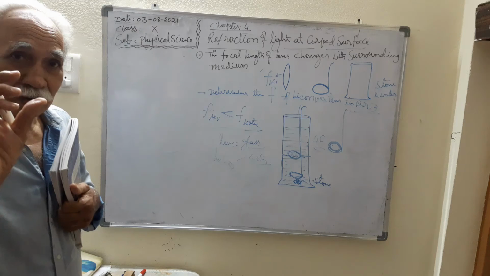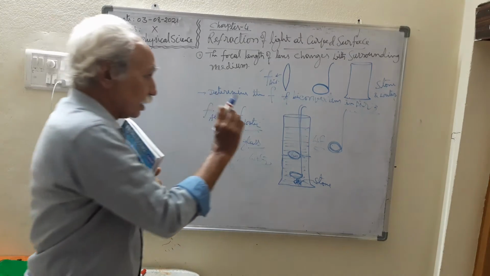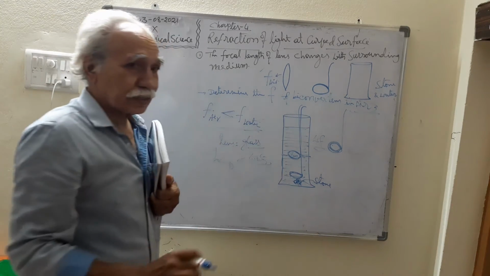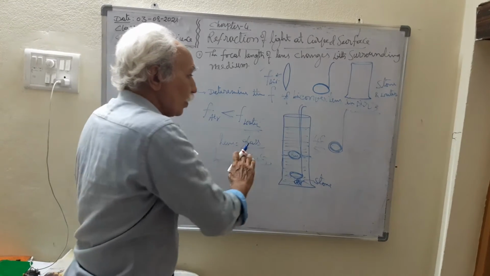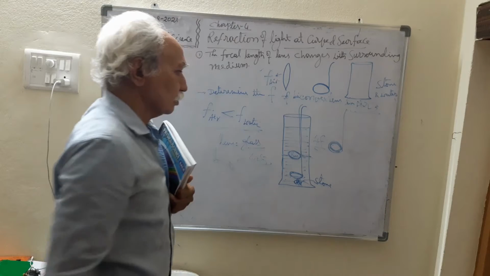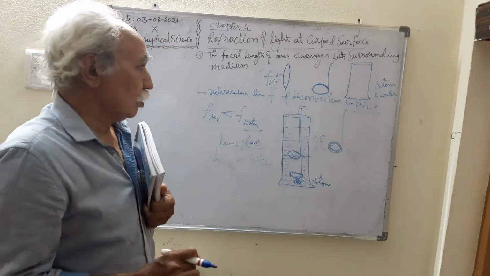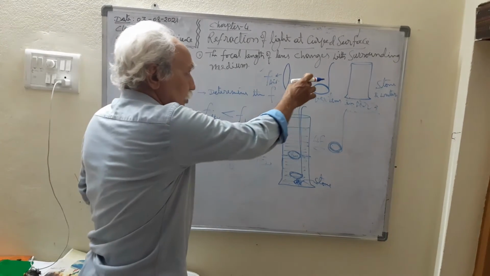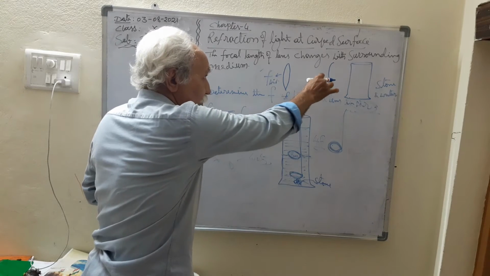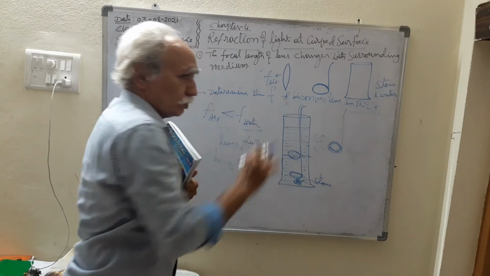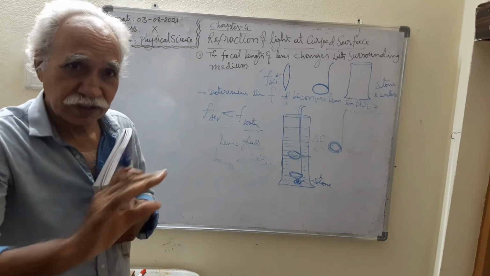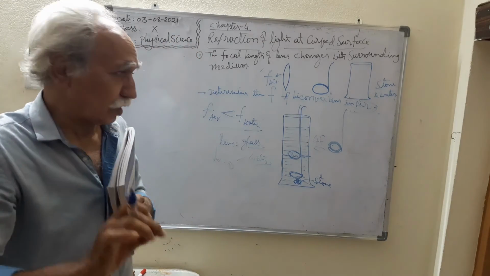Now take one black stone and keep it at the bottom inside the jar, and fill the jar with water. Now insert this lens with the help of the lens holder and keep it horizontal to the stone.